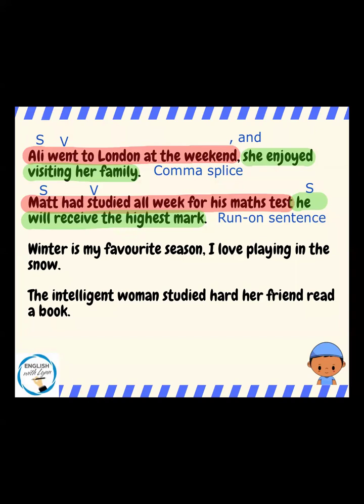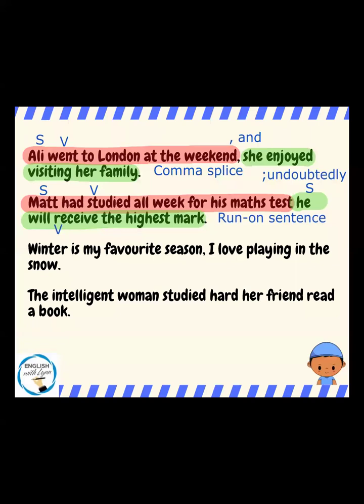And I think what I will do is I will put undoubtedly he will receive the highest mark. So I need my semicolon and undoubtedly. So Matt has studied all week for his maths test. Undoubtedly, he will receive the highest mark. So I've used the conjunctive adverb in that sense.